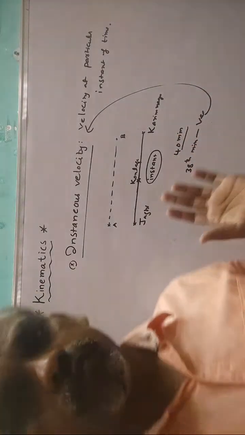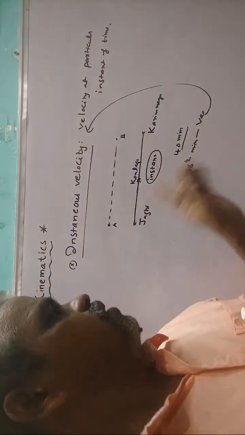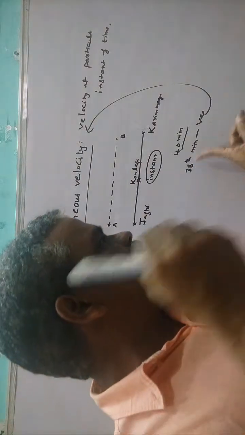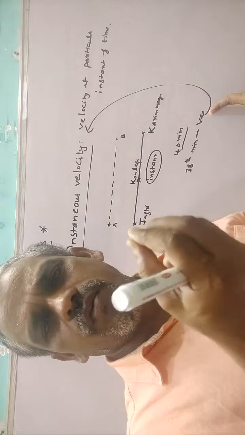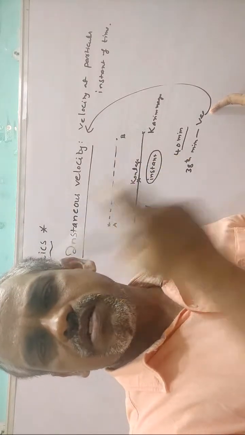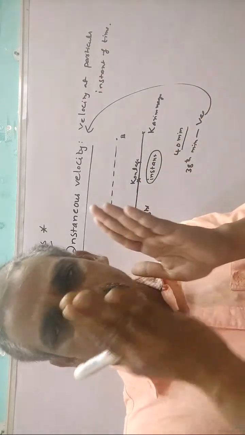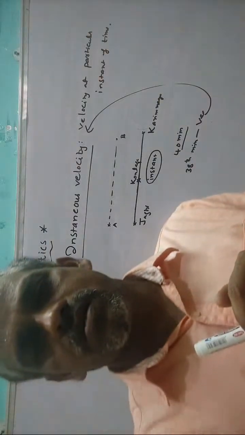Okay. Is it okay? I think simple. We travel 40 minutes, I want only the 38th minute. What is the velocity? If it has some value, that value is equal to the instantaneous velocity. Velocity at a particular instant of time is nothing but instantaneous velocity.